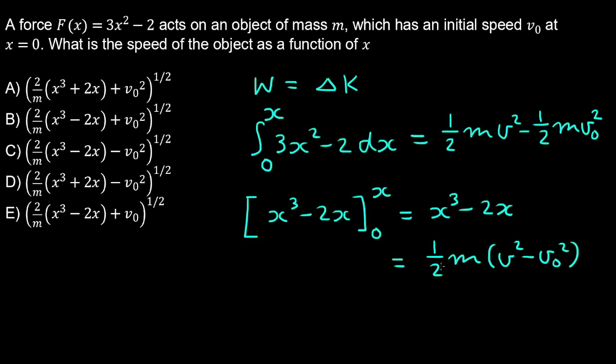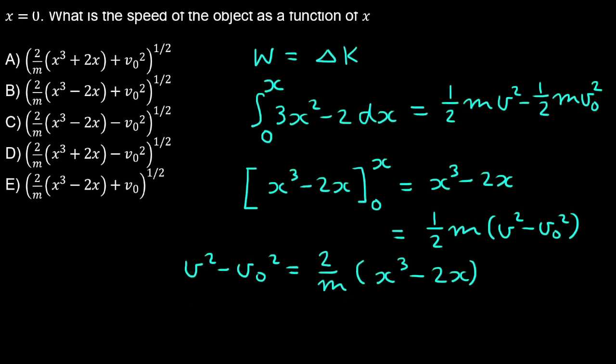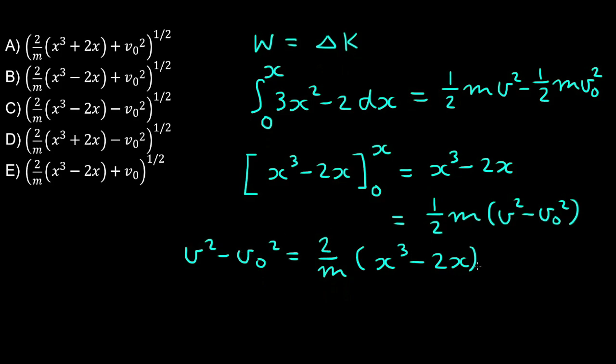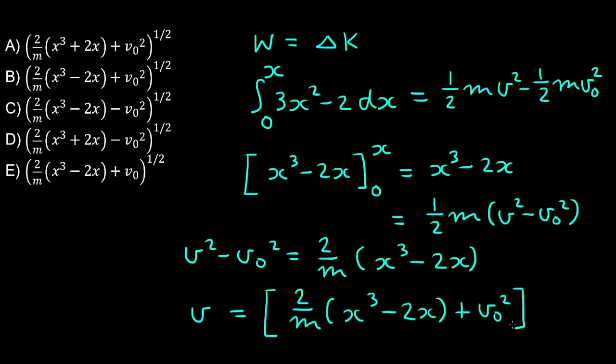And multiplying through by 2 and dividing through by m, we get v squared minus v naught squared is 2 on m by x cubed minus 2x. And then we can take the initial speed to the other side and take the square root. So that gives v is 2 on m by x cubed minus 2x plus v naught squared, to the half. So the correct answer is B.